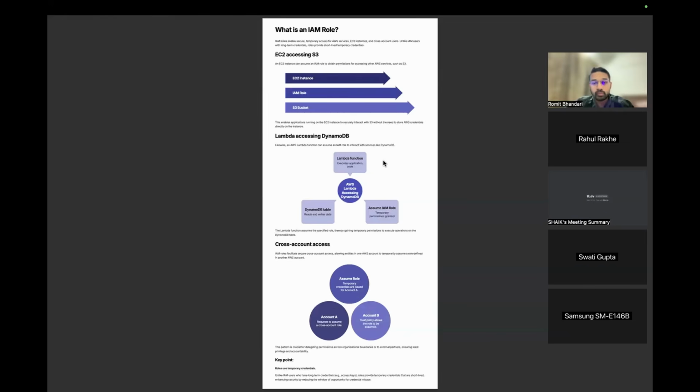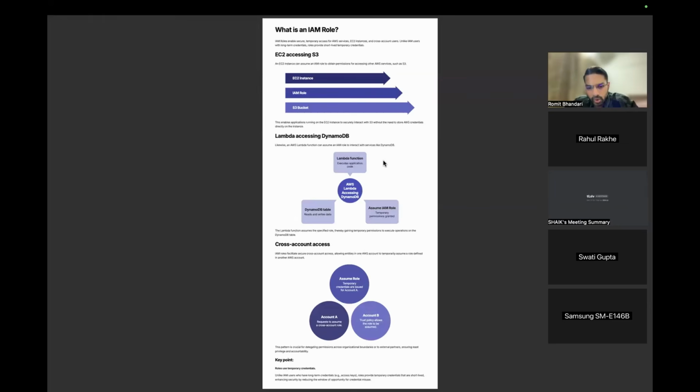So the Lambda function basically would assume the IAM role, which is generally the IAM execution role, and then the policy associated to that role would need to contain read or write, whatever you want to do on DynamoDB, and that's how Lambda can access DynamoDB. Similarly with EC2 as well, very similar.